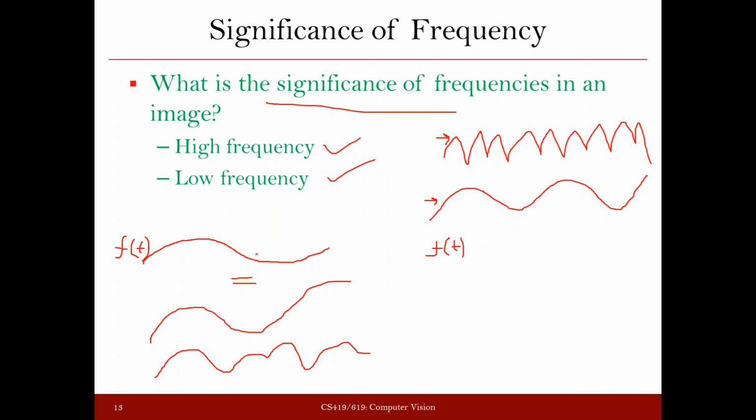Now let's say there is another function f(t) given to us, which is not varying as slowly as this function. It is varying faster compared to this one. Suppose it is varying like this. This is the original function f(t). Now when you are representing this function with the help of a sum of sine and cosine waves, it is obvious that whatever waveforms you are going to use here also need to be fast varying.